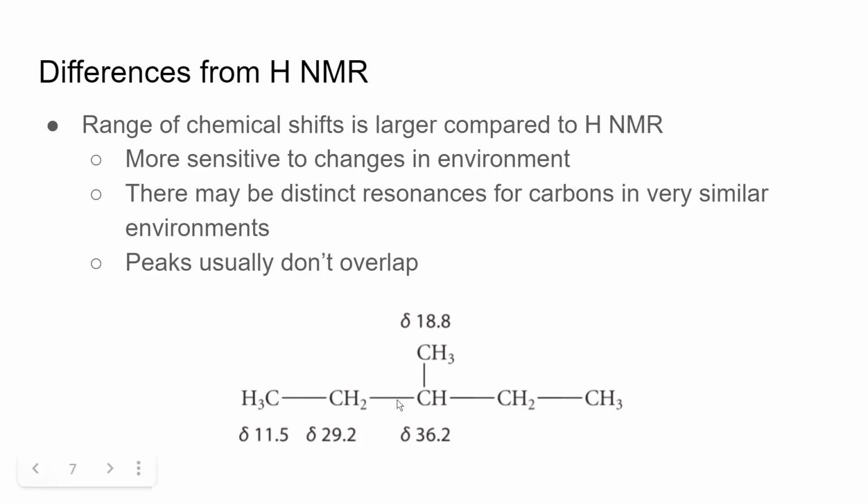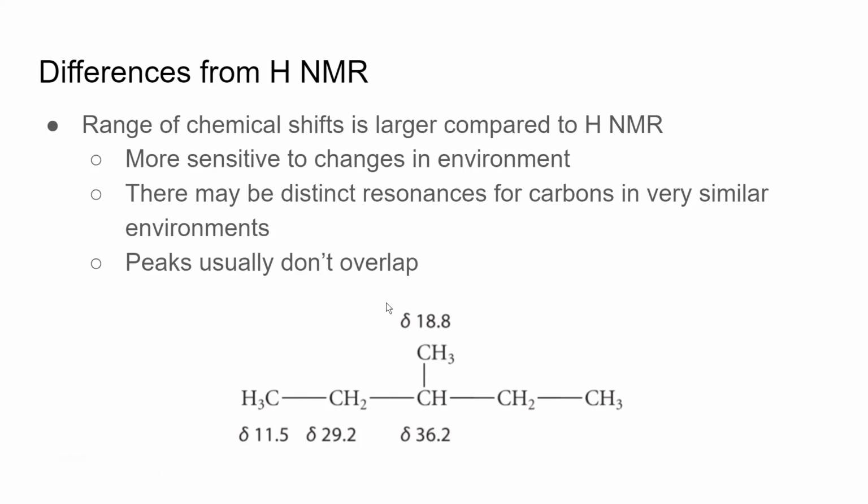So for example, from your textbook, you have these carbons and there are no electronegative atoms here. There's essentially no shielding or deshielding going on, because it's just carbons connected to carbons. It's mostly the same electronegativity. And you can see that there are still very drastic differences in the resonances.